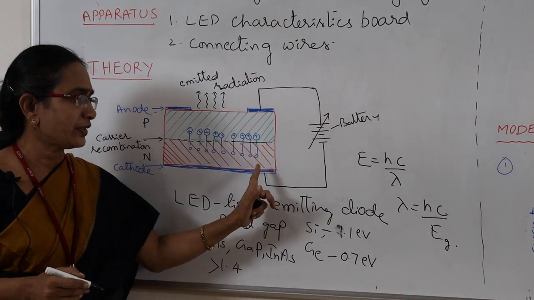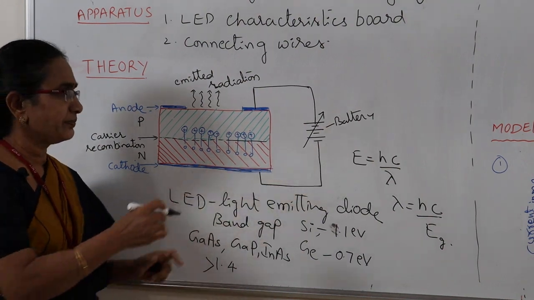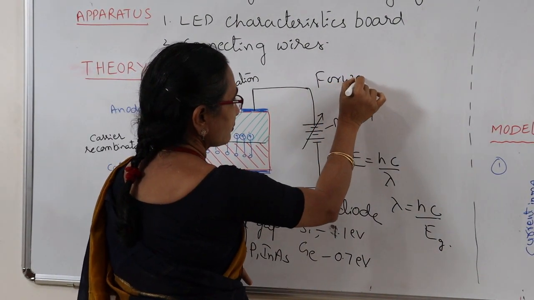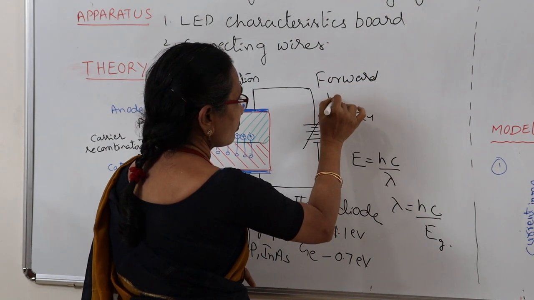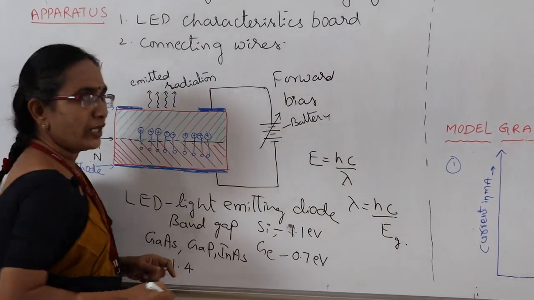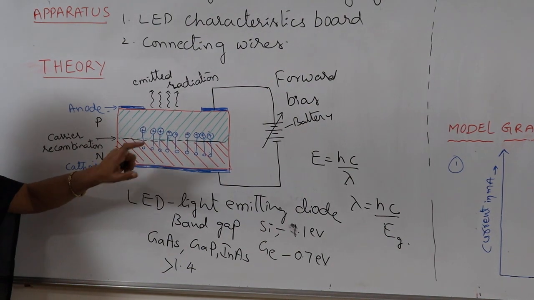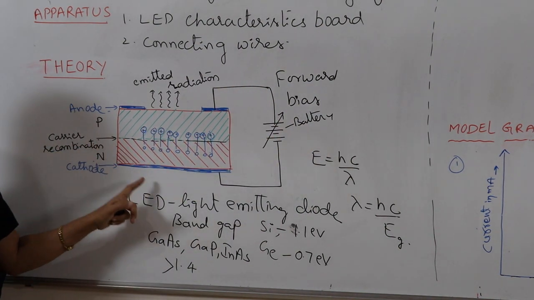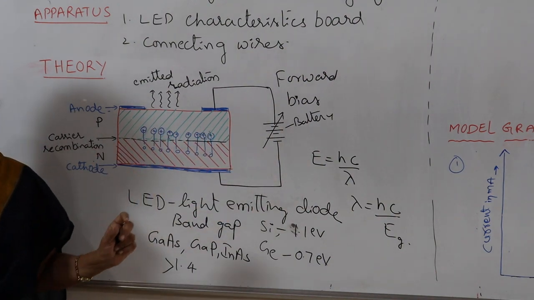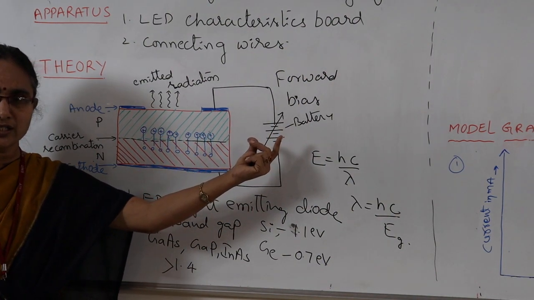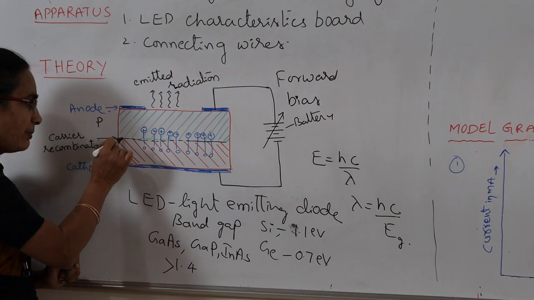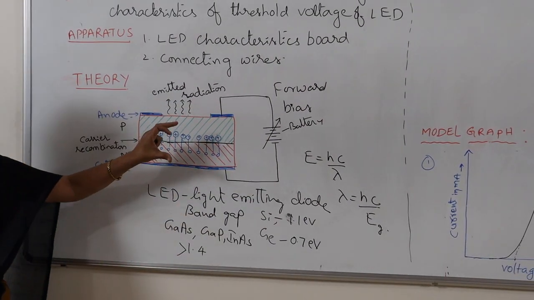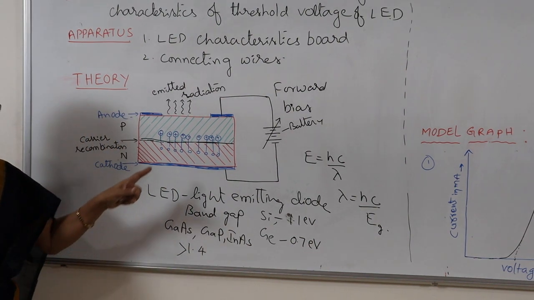Now you connect it in such a way that it is forward biased. You apply a forward bias to this diode, that means the P side is connected to the positive of the battery and the N side is connected to the negative of the battery. When you apply a voltage more than the potential barrier, what will happen?